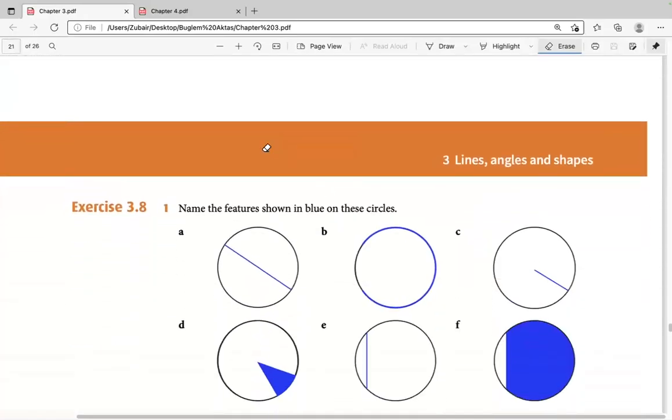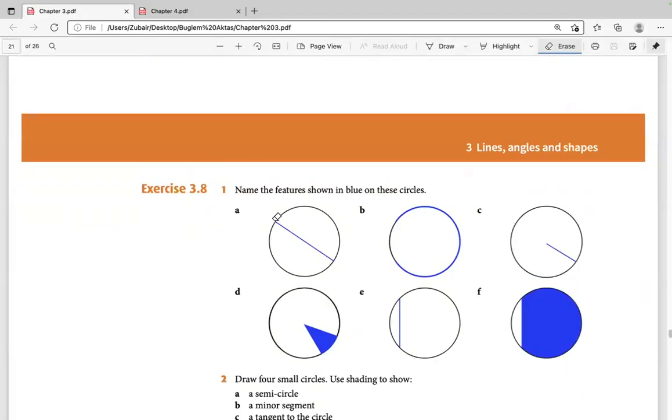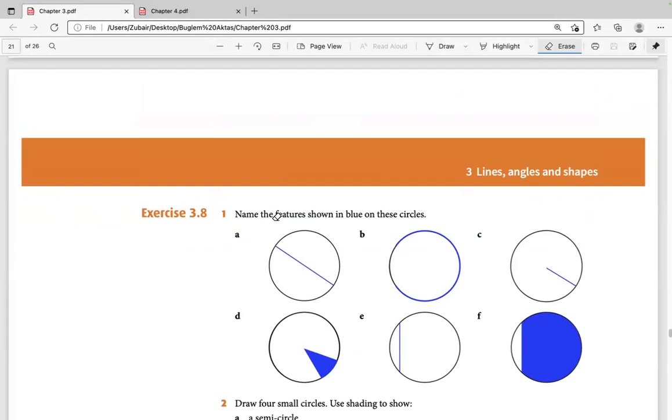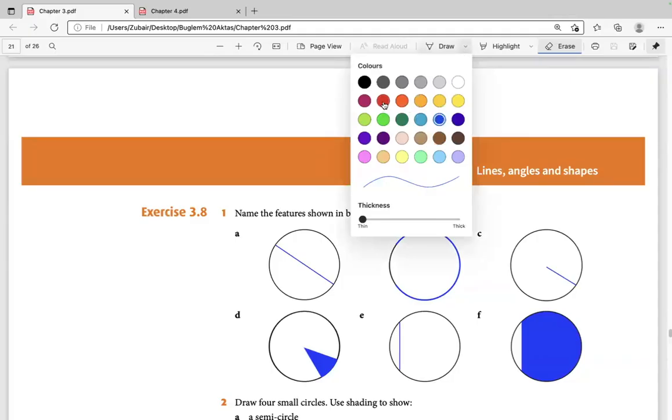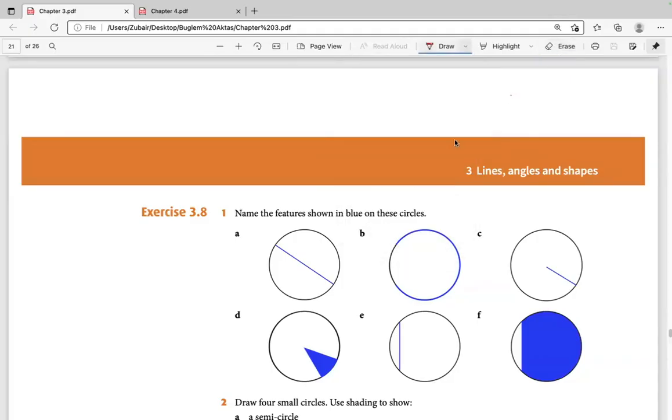Okay, so we have a few shapes. Name the features shown in blue. So what is this in 1A? It's a semicircle, so the feature in blue would be a diameter. Diameter, yes. In B, is it clear?